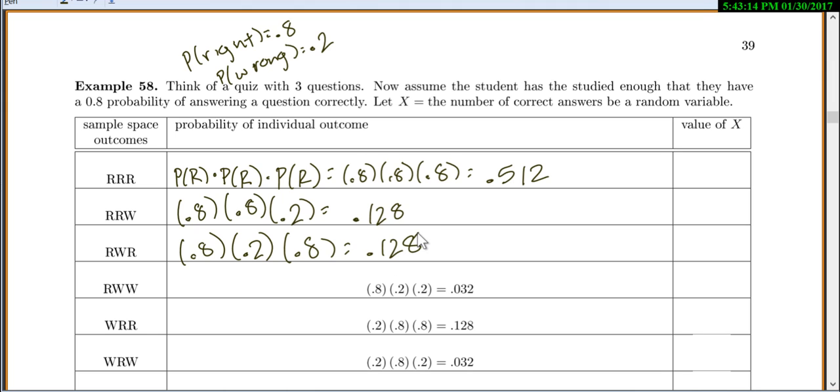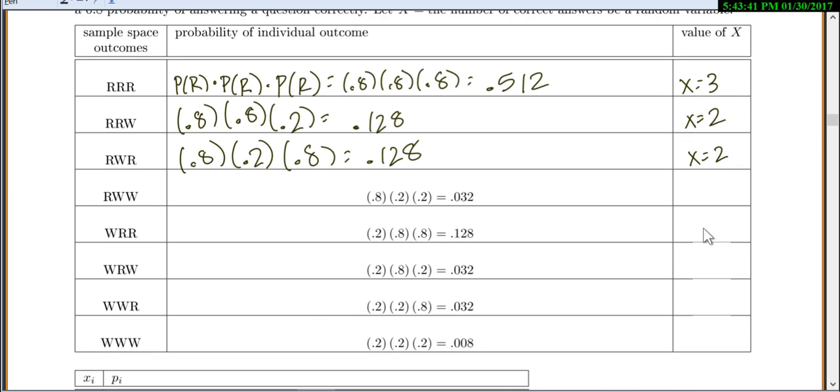Now to save time for the rest of them, I've gone ahead and written out what all of those probabilities would be. And once you find every possible sample space outcome, you find the probability of each one, and then you go through and write down the value of x. So in this case, how many rights do I have? Remember, x is the number of rights, so x would be 3. And for right, right, wrong, x would be 2. And 2, so go ahead and fill these out.